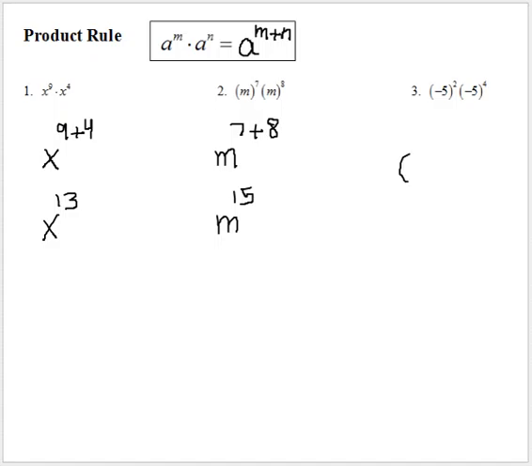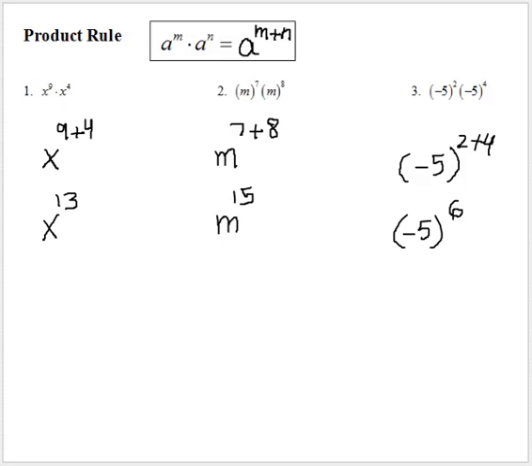That would be minus 5, that's our base, to the power of what? What would be the exponent, Cassandra? That would be 2 plus 4, very good, which is equal to minus 5 to the power of 6.